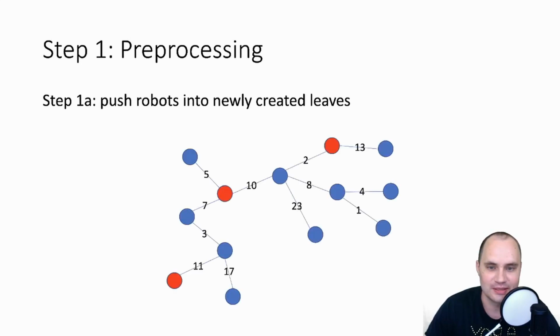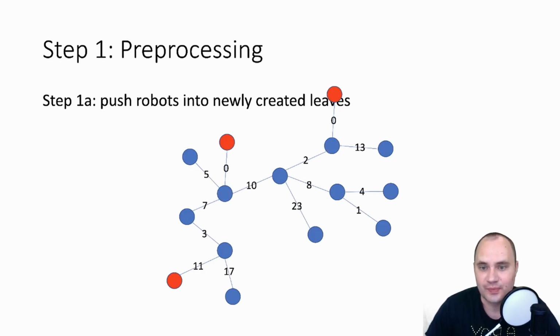So for preprocessing, we do it in several sub-steps. Suppose that this is the input tree that is given to us, and in red I indicate locations of agents initially. As a first sub-step, we push all the robots into newly created leaves. For all robots that are not already at the leaves, we pop off a new node connected by an edge of weight 0, and we relocate the robot from its original position to a new leaf, like this.